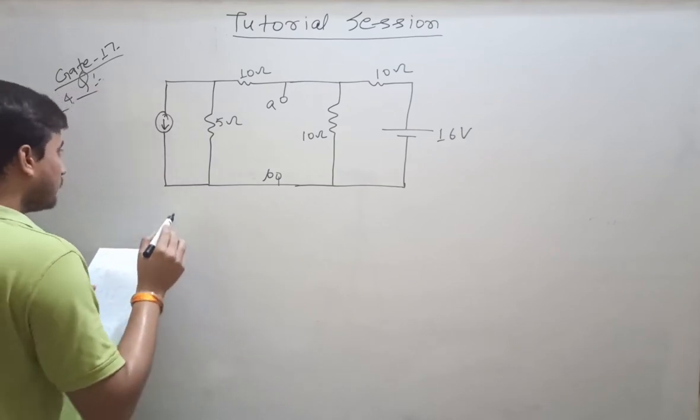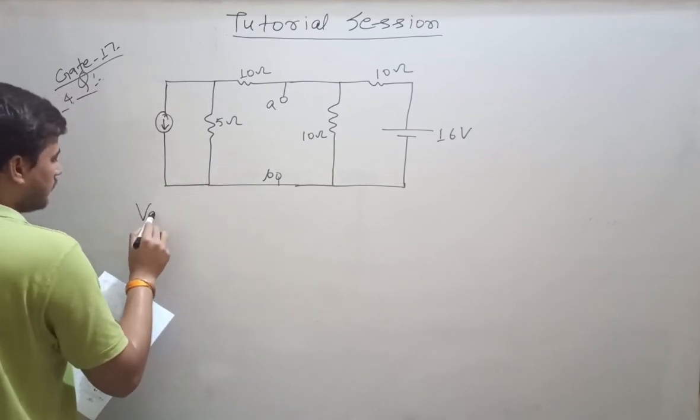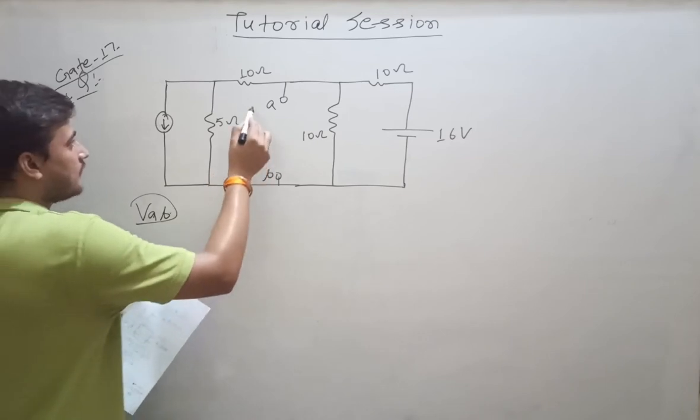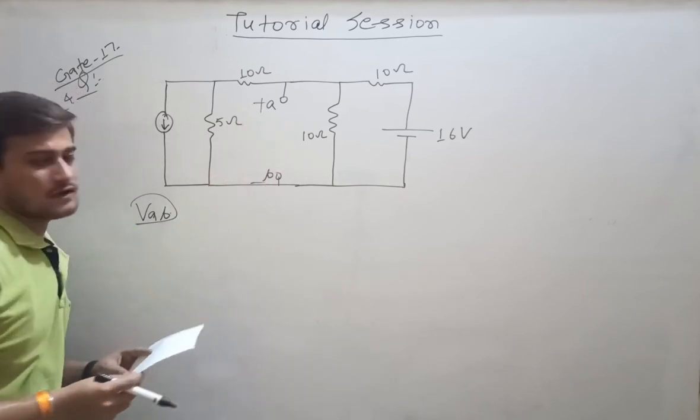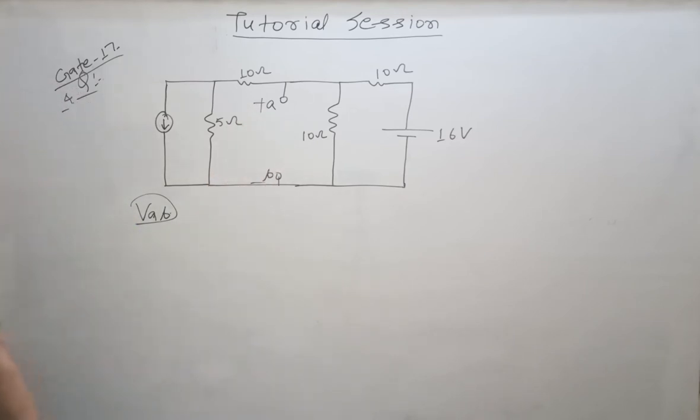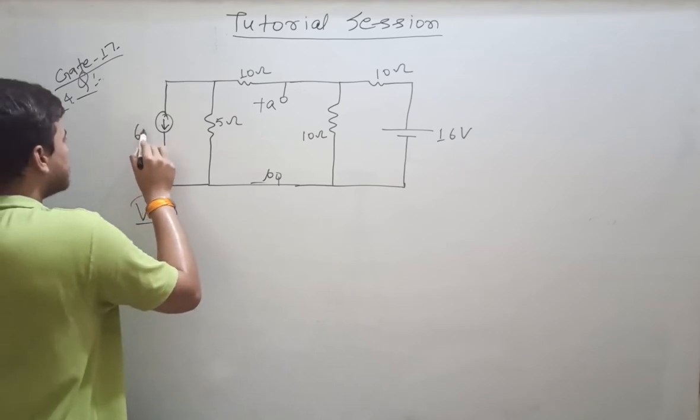You have to find VAB. You have to find VAB, that means Thevenin's voltage. Here current is 6 ampere.